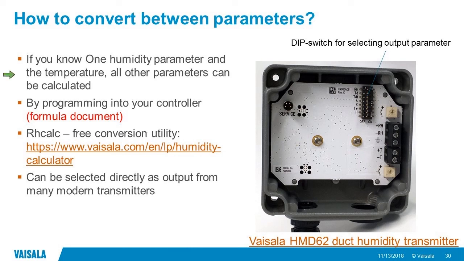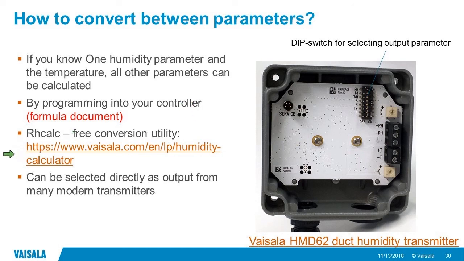The good thing is that if you know one of these humidity parameters and the ambient temperature, all of the others can be actually calculated. So one way to do that is actually plugging in the formulas for converting that into your controller. There are formulas for that we can provide also in a document.